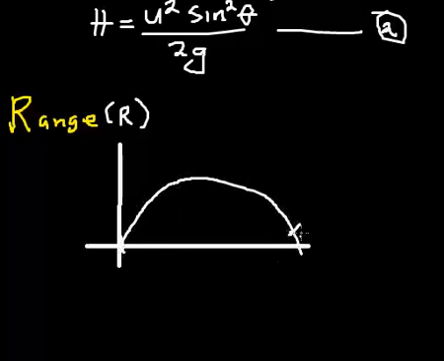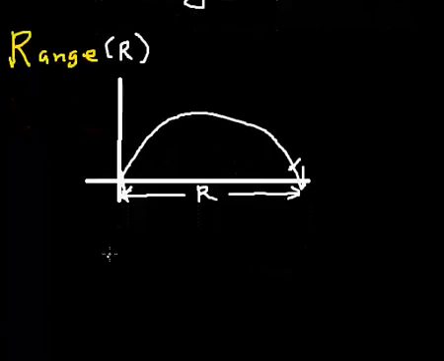So if you measure it horizontally, that's a displacement covered. So from this point where the projectile started horizontally, to the point where it actually reaches the ground again, that is the range of the projectile. So in the range, we are considering the horizontal distance covered, right? So now let's derive the formula. So don't forget that the u we're going to consider this time around now is the horizontal, that is u cos theta.